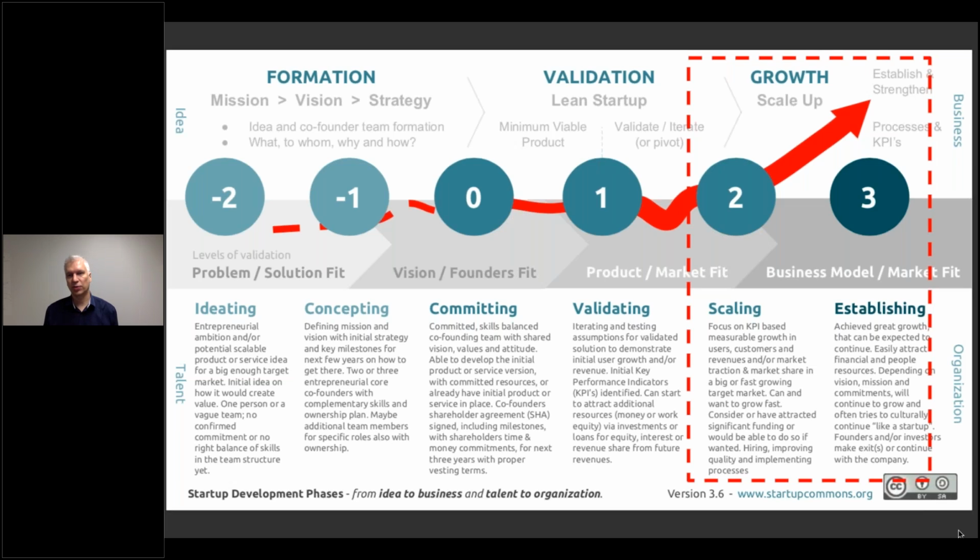But what it means when you enter a new phase is that you need to find a new mindset, you need to design a new behavior for the organization and focus on new aspects than in the previous modules. So of course scaling is all about taking your validated product and validated business model, your validated team to real markets and starting to expand on that and really grow that from different aspects instead of just continuing to validate the product.